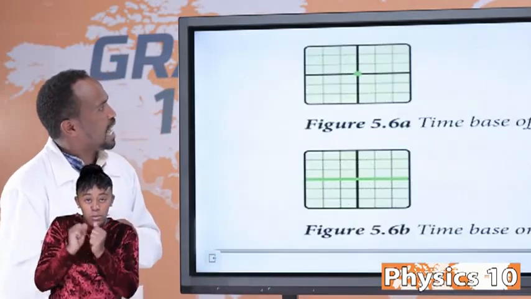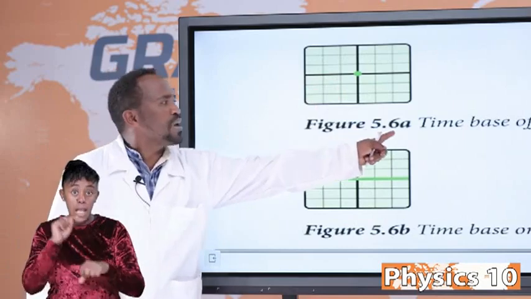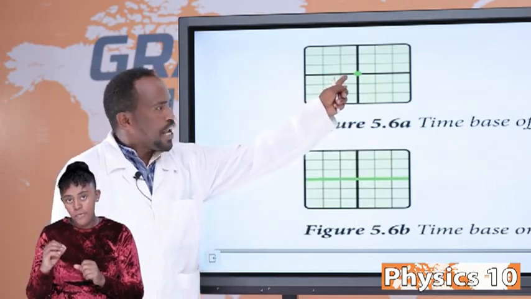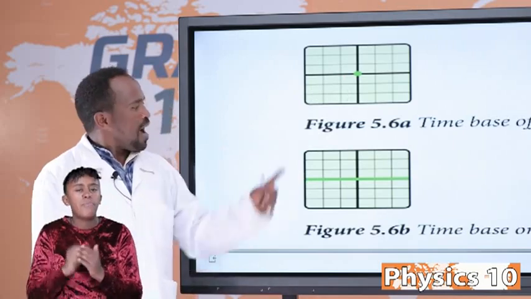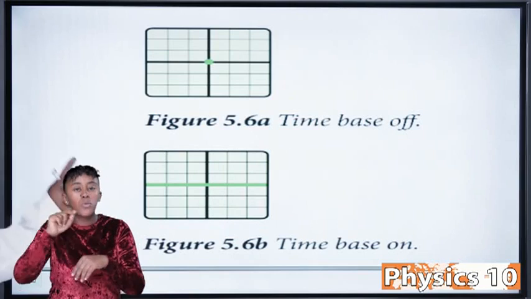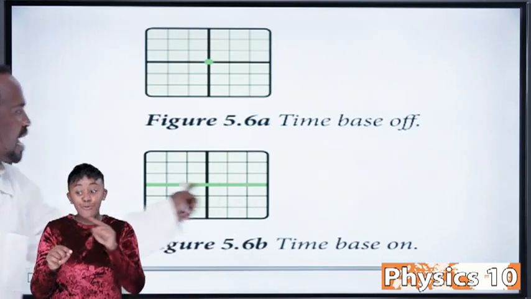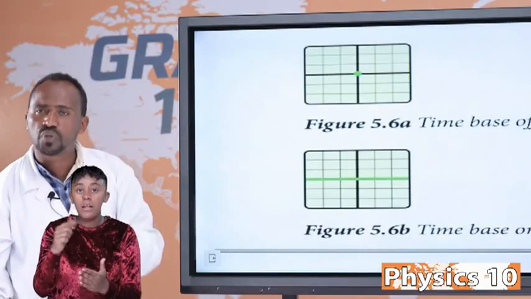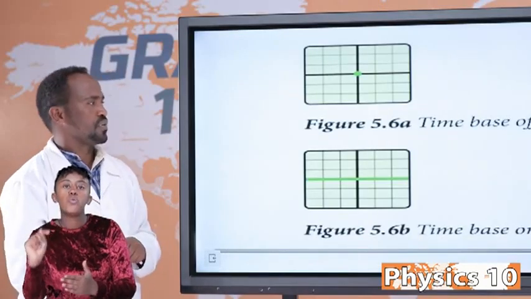Look at this one. Here the time base is off, so there is a dot. After the time base is on, the dot moves from left to right, forming a horizontal line. This is another use of cathode ray tubes.